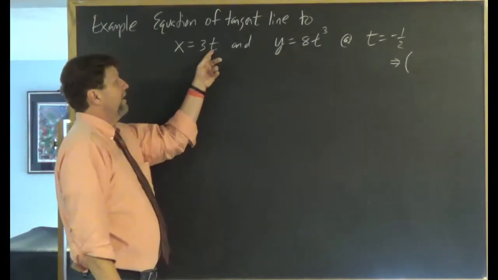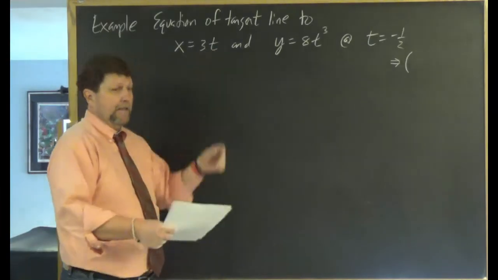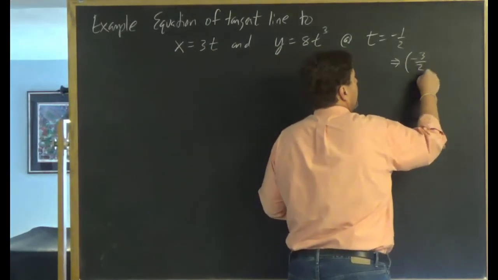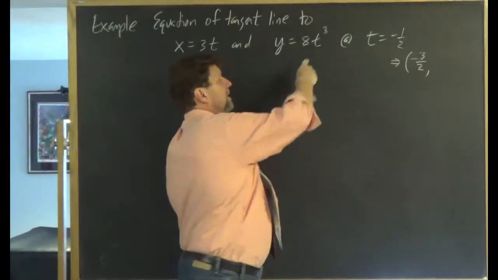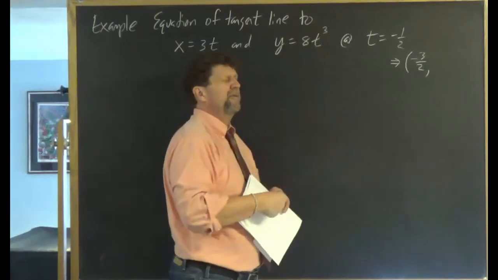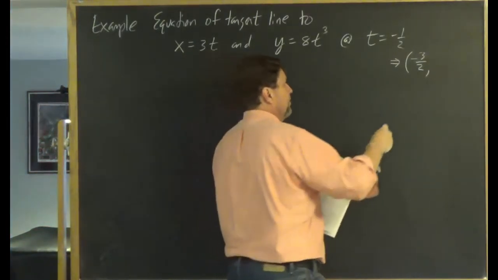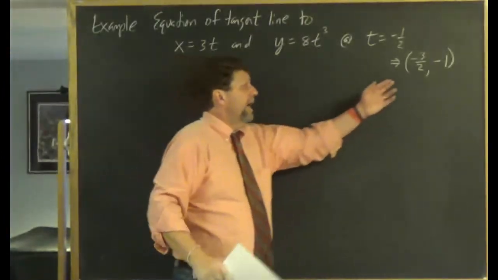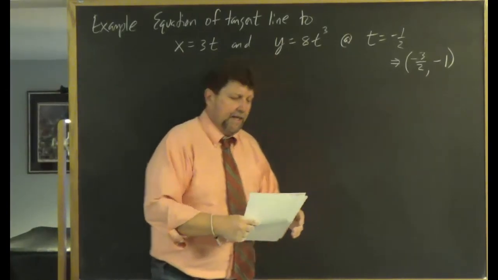Put -1/2 in here for t, and you get 3 times -1/2, that's -3/2. So the x is -3/2. Put -1/2 in here for t. So -1/2 cubed, that's -1/8. 8 times -1/8 is -1. So I have my point of tangency. I just need to get the slope of the tangent line.